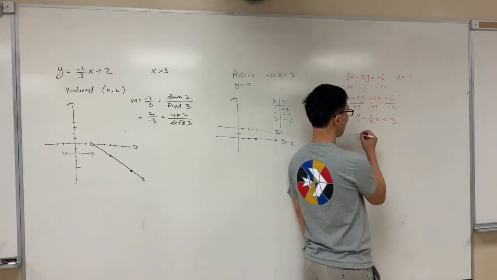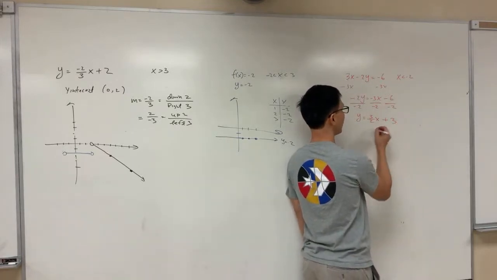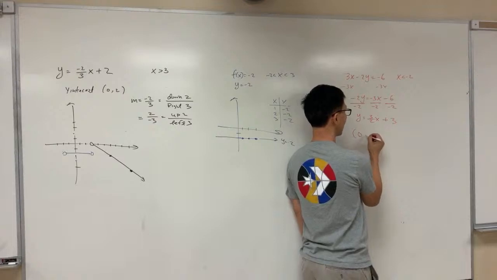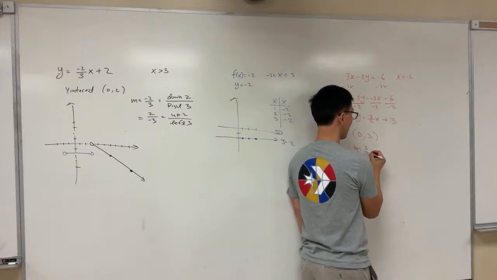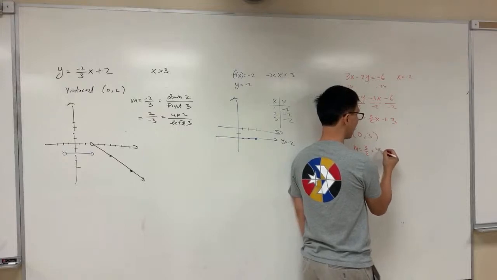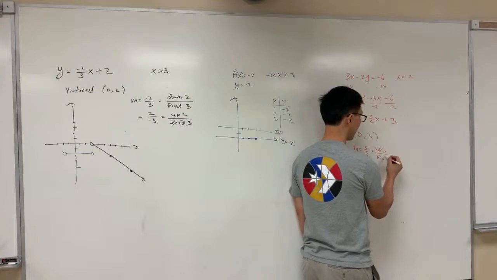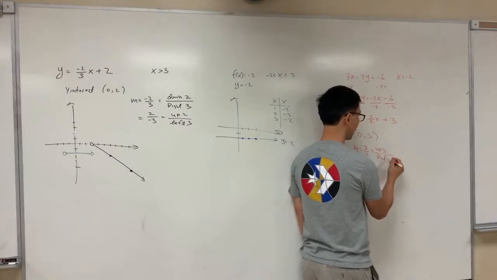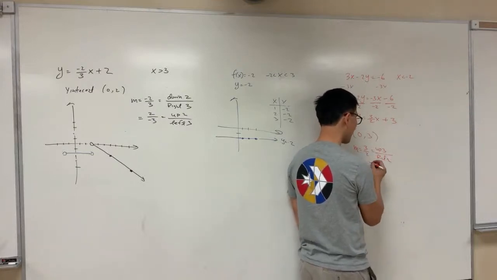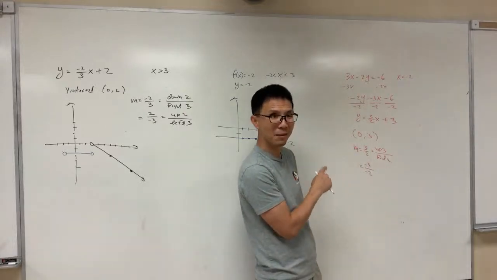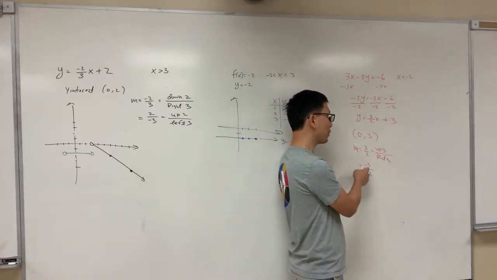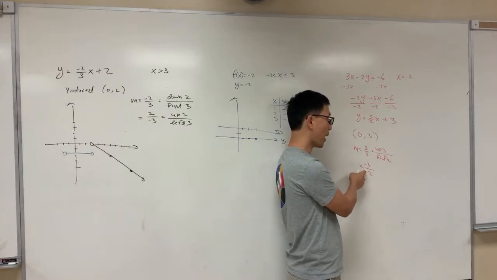Now what's my slope? What is my b? Where do I begin? 0, 3. My slope is going to be 3 over 2, which is go up 3, and then what? Right 2. Or it could also be -3 over -2, which represents the same exact thing, because negative over negative is positive.